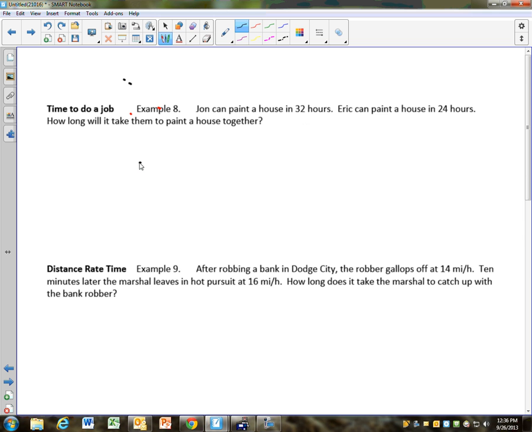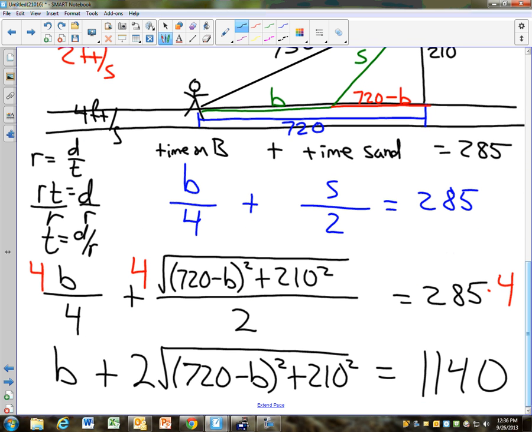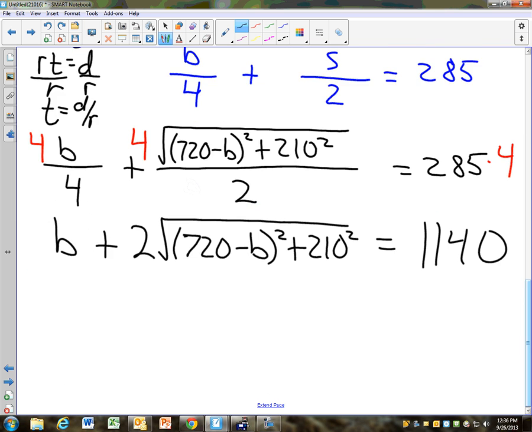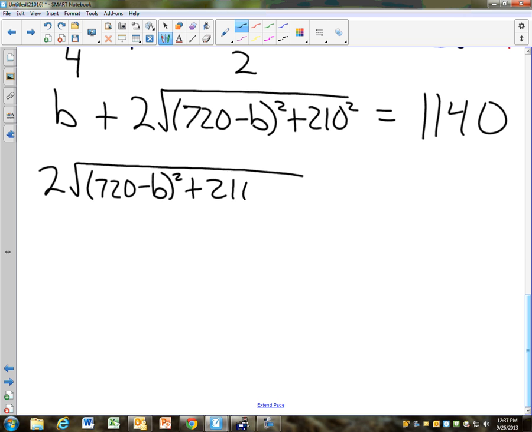So now I am going to deal with this beast in front of me. I need to get rid of the square root sign. And if I want to get rid of it, I'm going to have to move everything else over and just deal with that. So let's do that. 2 times the square root of (720 minus b) quantity squared, plus 210 squared, is equal to 1140 minus b.